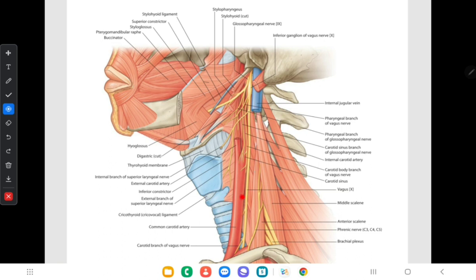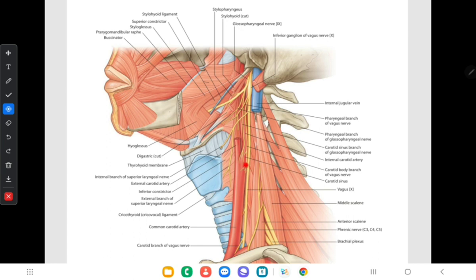I talked about the carotid sheath in my previous video on the posterior triangle of the neck, and also in the fascial layers of the neck. Then the external carotid artery gives branches here in this triangle. Then here you can see a swelling-like structure. It is the carotid sinus.